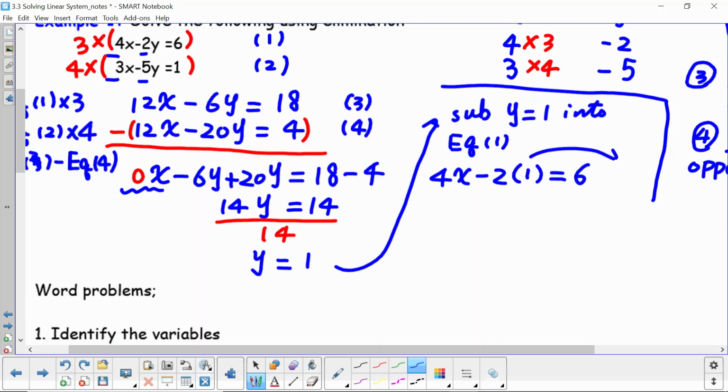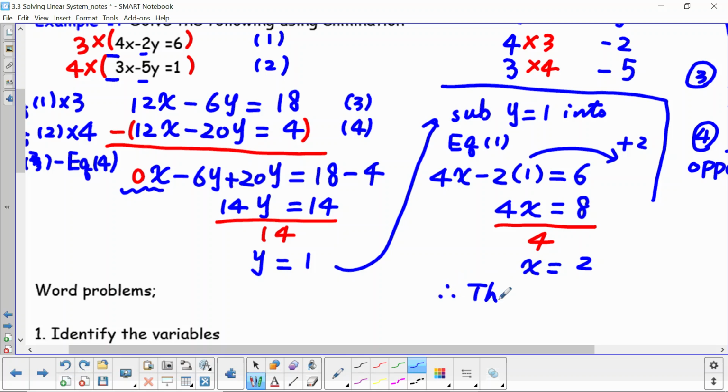Then we want to solve for x, so we move the 2 times 1, which is minus 2, to the other side, it is plus 2. We have 8. Then we move the 4 to the other side by doing the opposite operation, then you will have x equals 2. Therefore, the point of intersection is 2, 1. That is done.